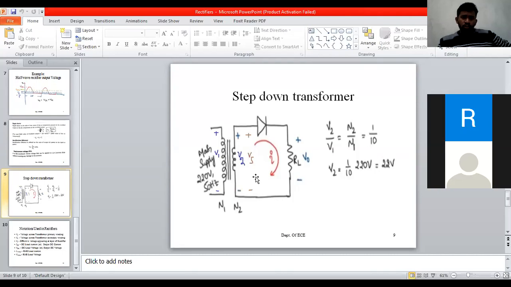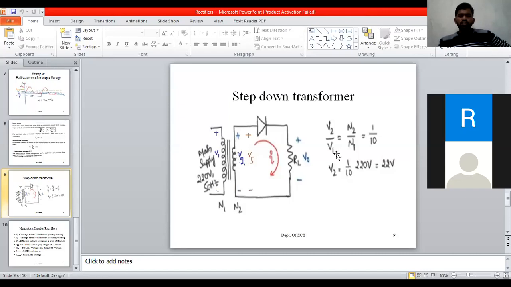For that, I am taking one more notation, VS. We will see in coming lectures why I need it. Anyhow, sir, V2 is already there, why are you considering one more notation? You will understand in coming lectures why I considered a separate notation. Anyhow, in this case, VS equals V2. The voltage effectively appearing across the input of the rectifier is the same as the voltage across the secondary winding.